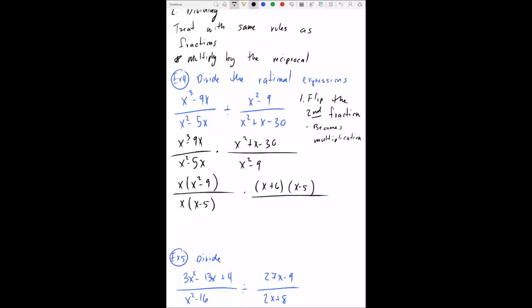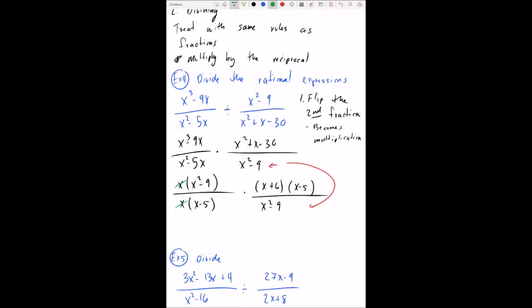And now if we take a look at our x squared minus 9, we don't need to factor that out because why take that extra step? If we just want to rewrite it, we should, because we can go ahead and cancel it out with that x squared minus 9 diagonal from it. So let's start canceling some things out. We can cancel that out.